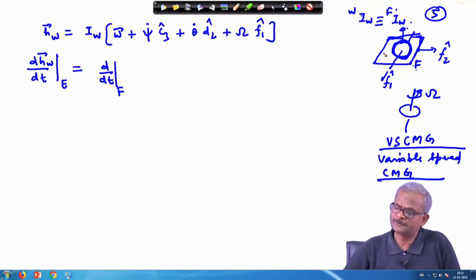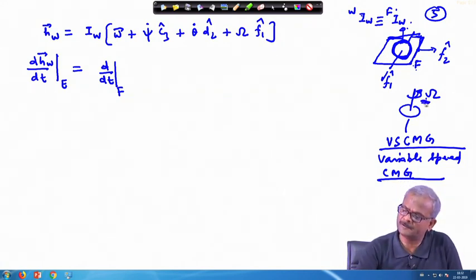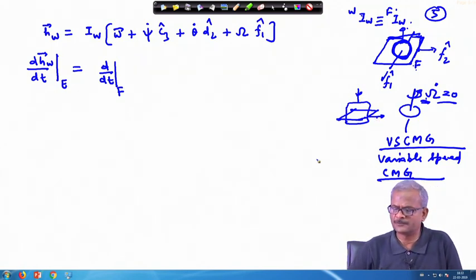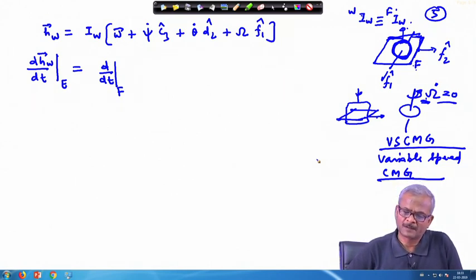Earlier, if you cannot speed up this wheel, say if omega dot is not present, omega dot is 0, so only 2 axis control you are getting, one along this axis which is the outer frame, and another you can get along this axis. Okay. If you torque along this, you will get output along this axis. If you torque along this, you will get output along this axis. So, you just have to look into where the resultant control moment will be. Okay.